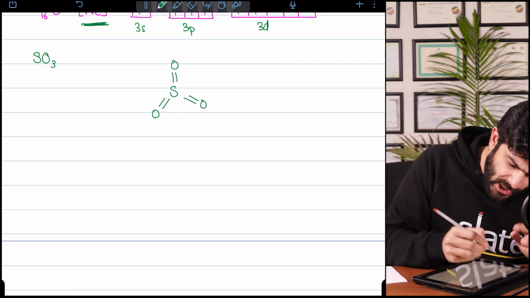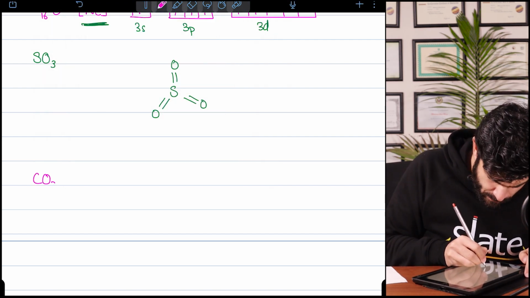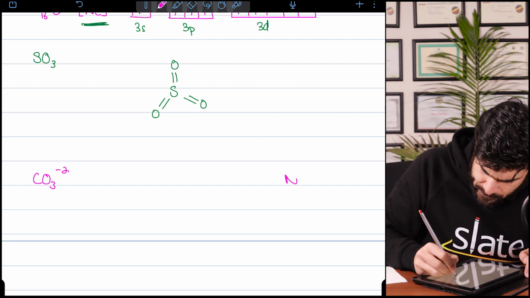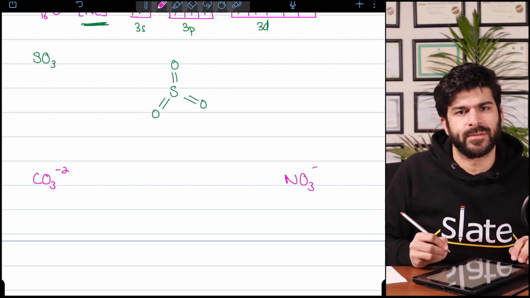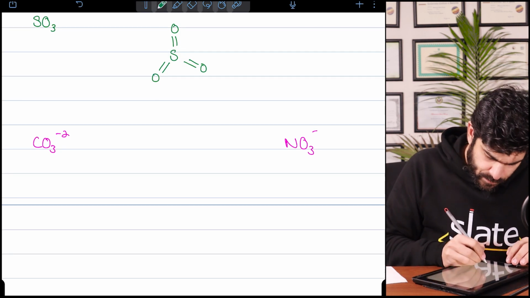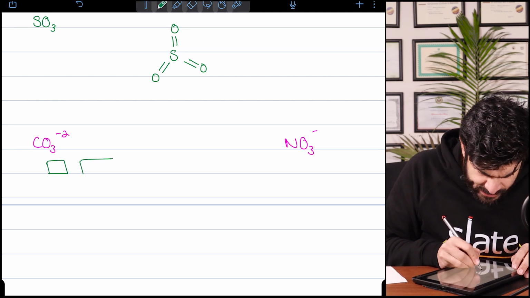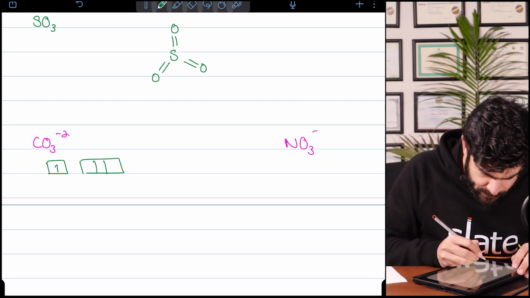But more importantly, there are 2 polyatomic ions that are very important: carbonate and nitrate. Carbon, we know that carbon can have a valency of 4. In excited state, that's how carbon looks.